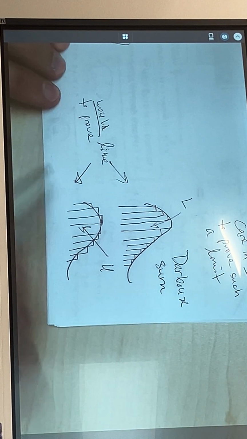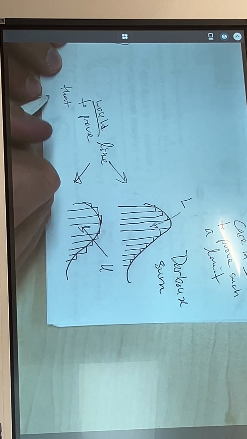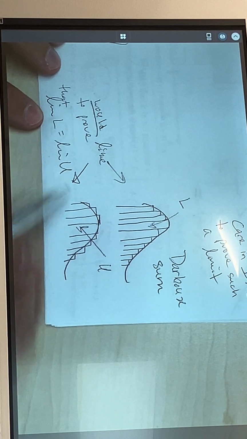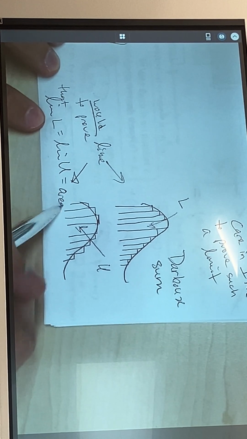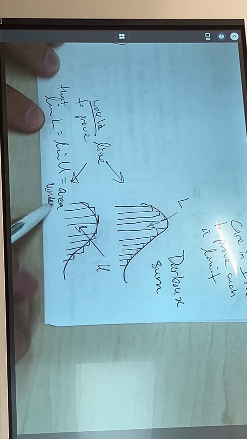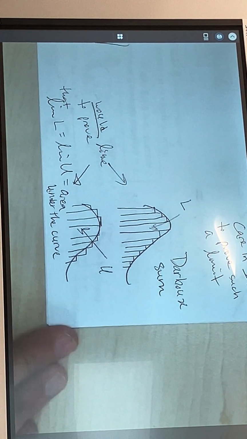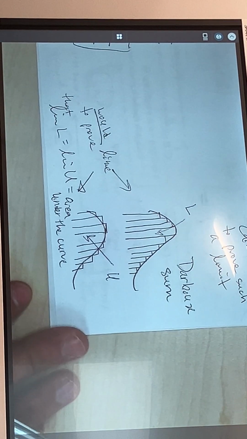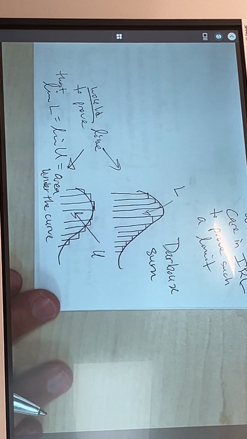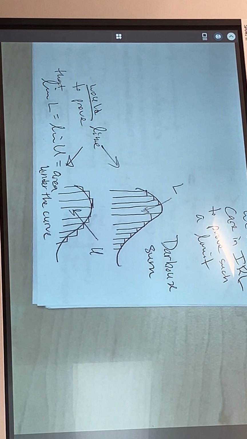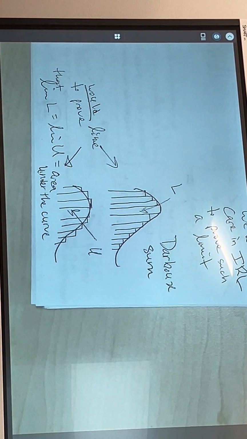We would like to prove that the limit for L is equal to the limit for U, and it's equal to the area under the curve. And so in a very technical sense, we will or would prove areas, not in this class though.